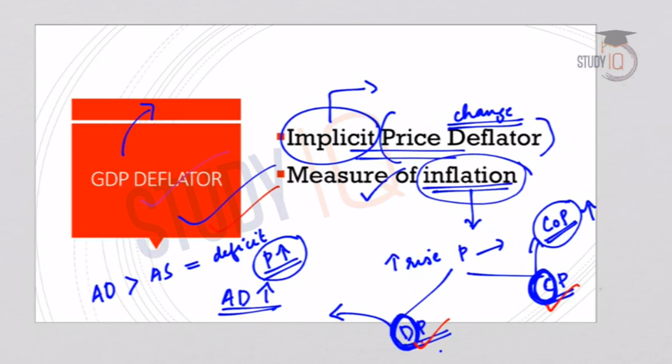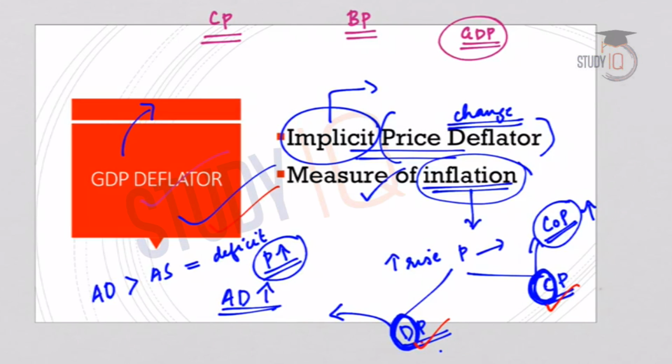Now, GDP deflator is the ratio of the value of goods and services an economy produces in a particular year at current prices to that at the prices of the base year. Current prices and base year prices are important. The value of goods and services produced in an economy in a particular time is called GDP.